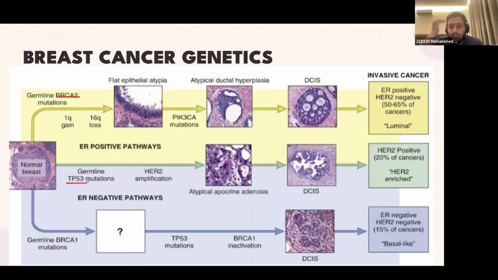Why is this important for us? Treatment. If someone has a BRCA2 mutation and is ER positive, how can you treat it? What can I give to these patients? Tamoxifen, excellent, or raloxifene, selective estrogen receptor modulators.